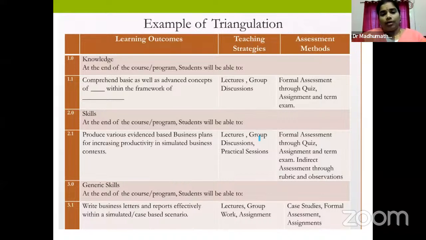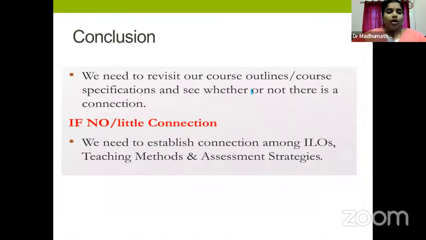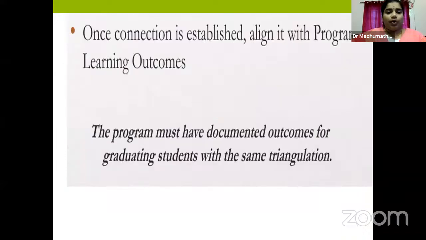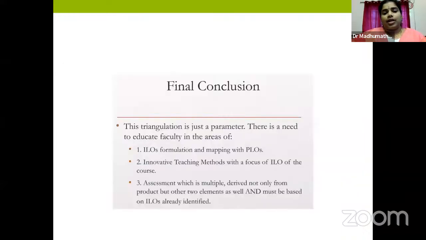The learning outcomes, teaching strategies, assessment methodologies can all be tabulated like this for the understanding and record keeping purposes of the course that you're running. So in conclusion, I would like to say that triangulation is just a parameter. There is a need to educate faculty in the area where learning outcome formulation and mapping with program learning outcomes is important.